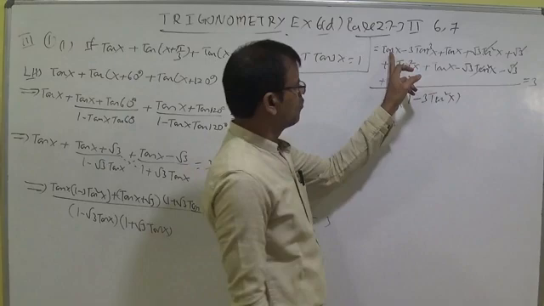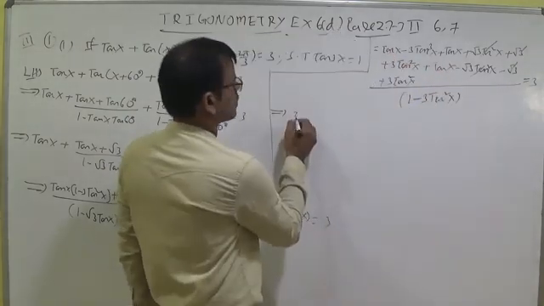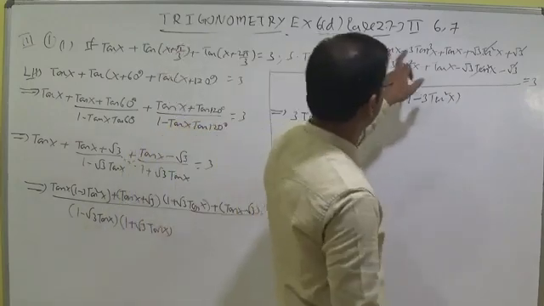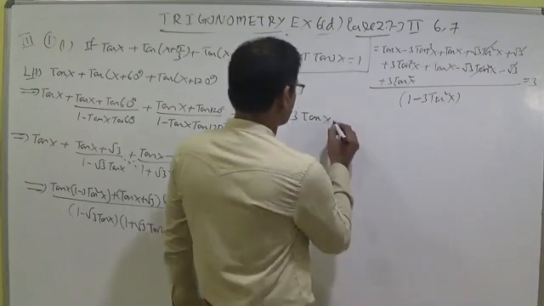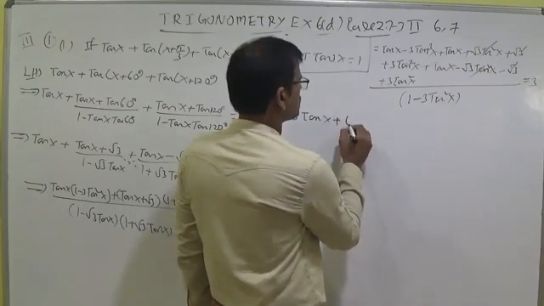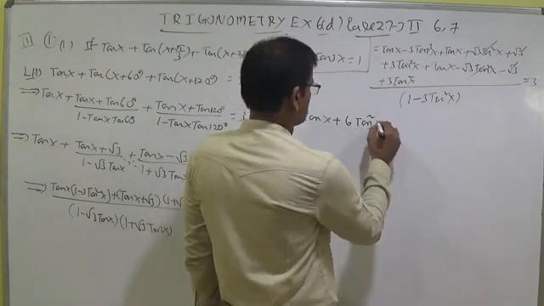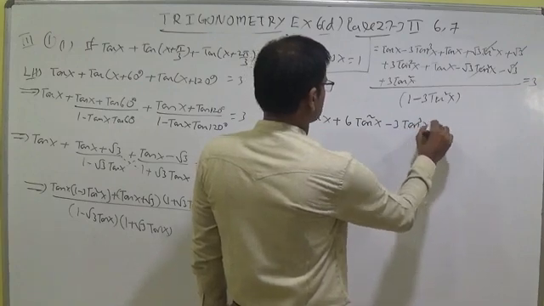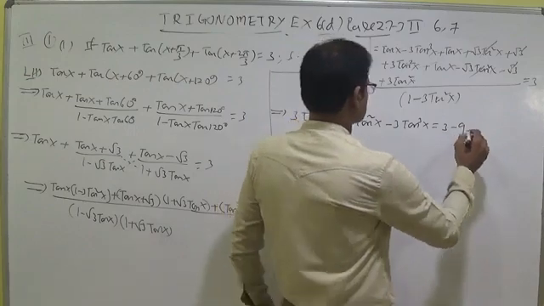Now tan x, 3 tan x are there, plus 6 tan square x, minus 3 tan cube x is equal to 3 minus 9 tan square x.